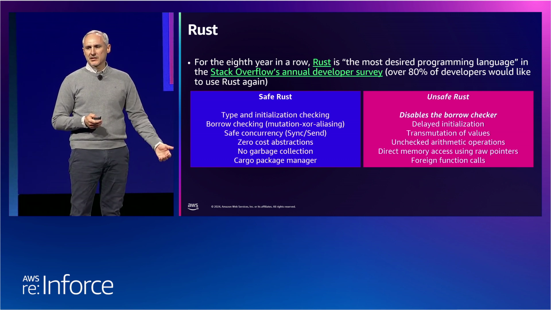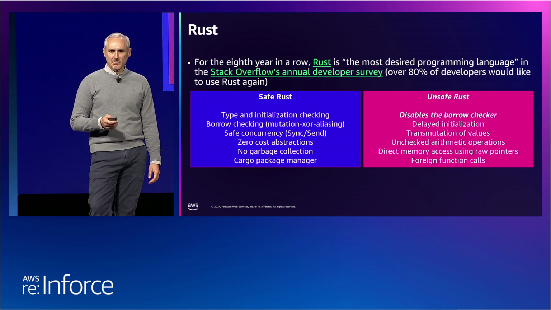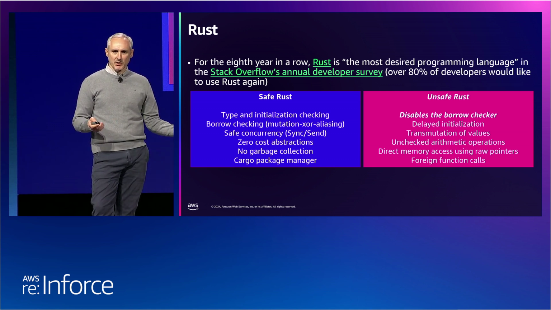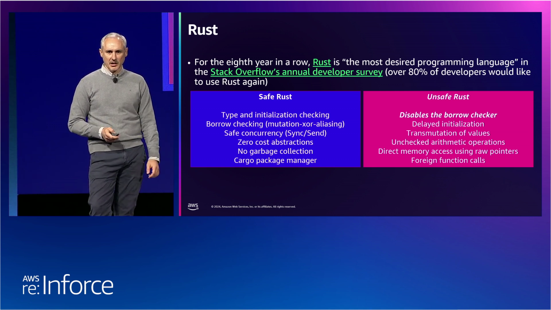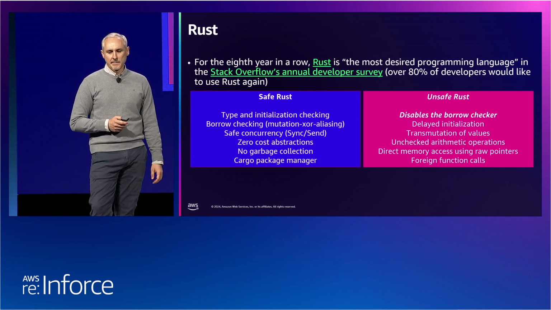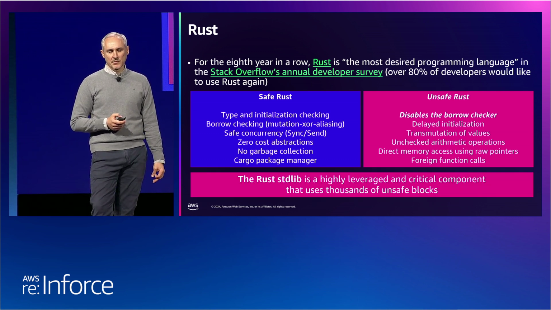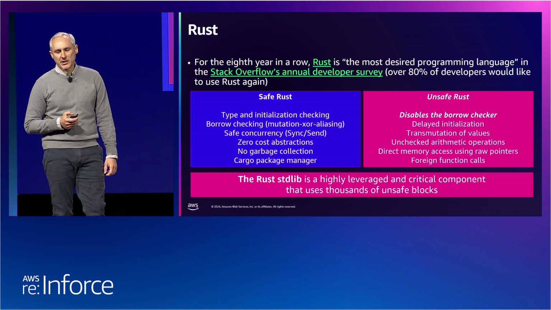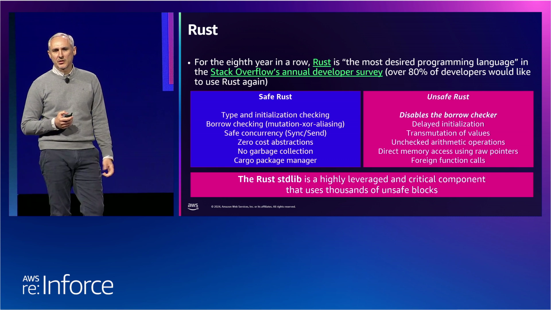If you're asking yourself, that doesn't seem to be used a lot. I've been doing Rust for a while, I've only used safe Rust, I've never had any problems, I never had to escape the type checker to do some trickier things. Actually, the Rust standard library is a highly leveraged and critical component of the Rust ecosystem.